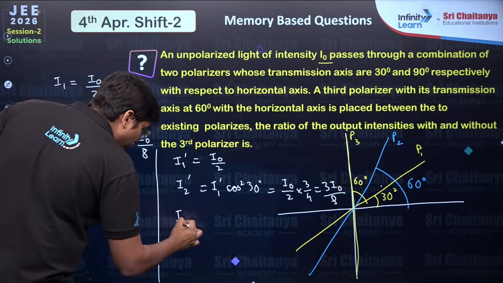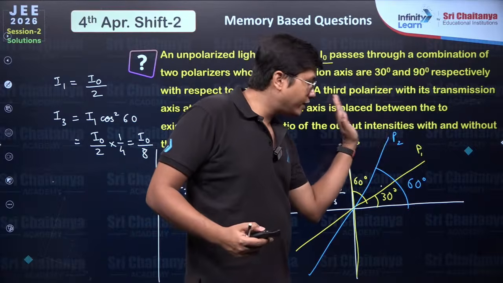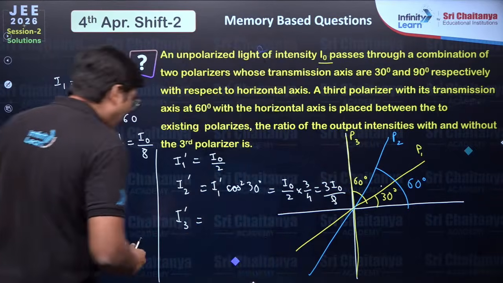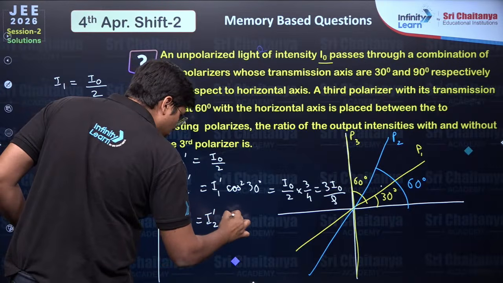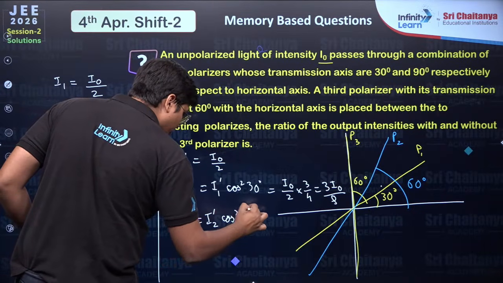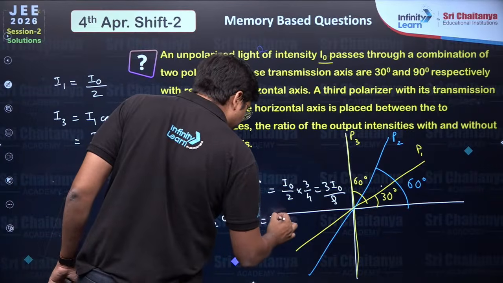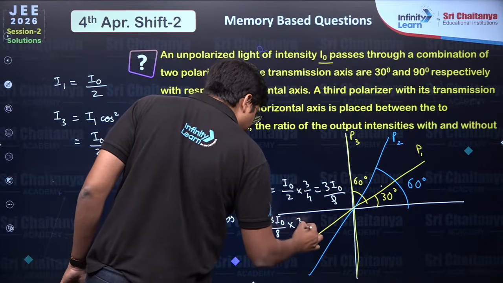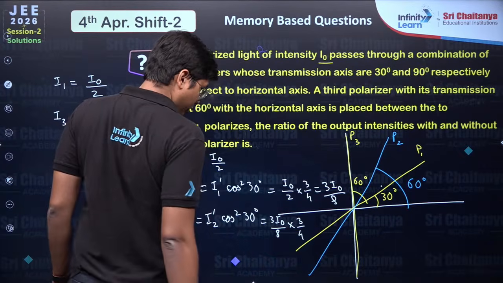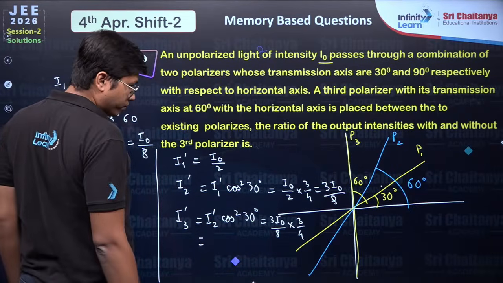Now, when it passes through that third polarizer, this I2 is making 30 degree with the third polarizer. So I3 dash is I2 dash cos square of 30 again. How much does that become? I2 dash is 3 I naught by 8, and again, cos square 30 is 3 by 4. That is 9 by 32.